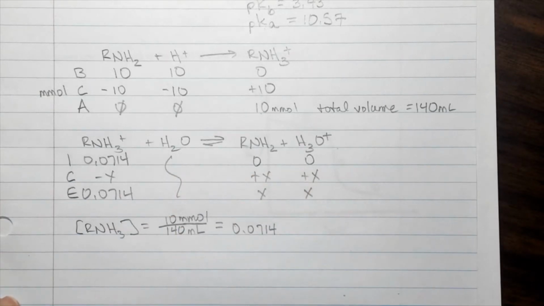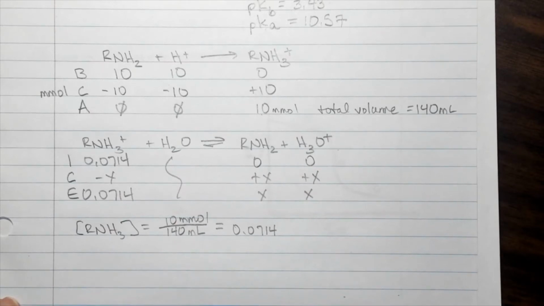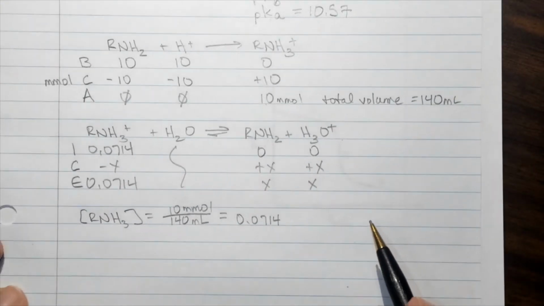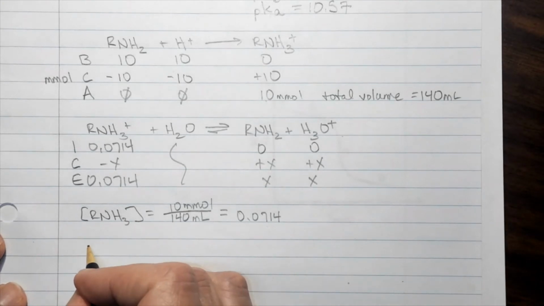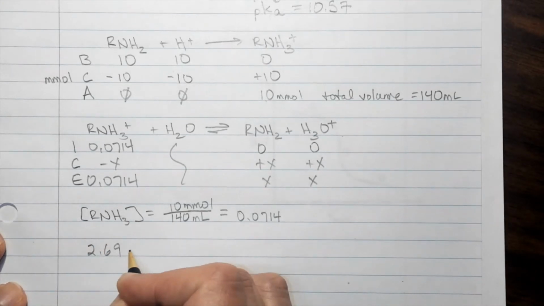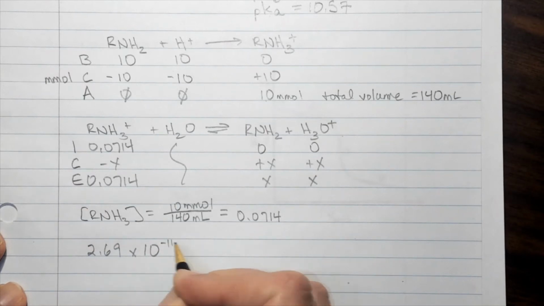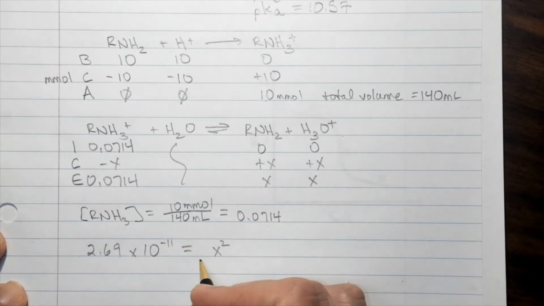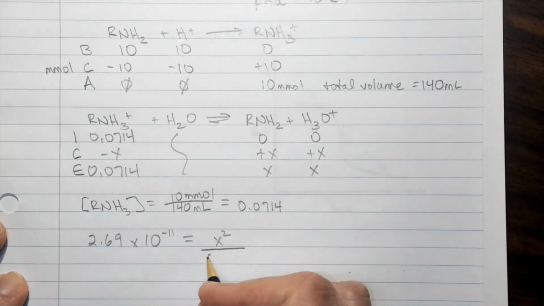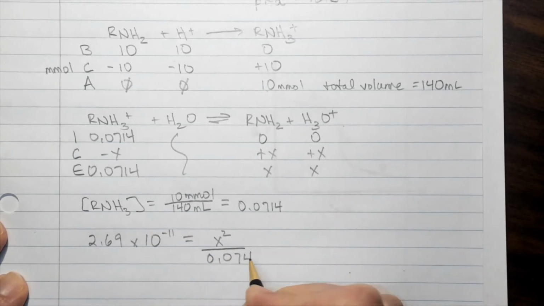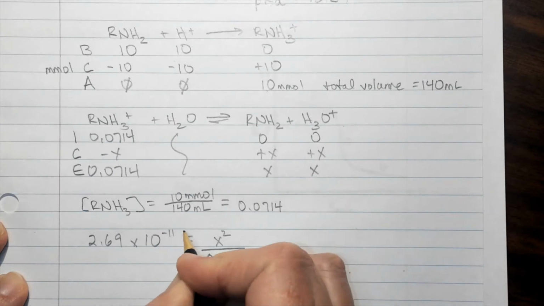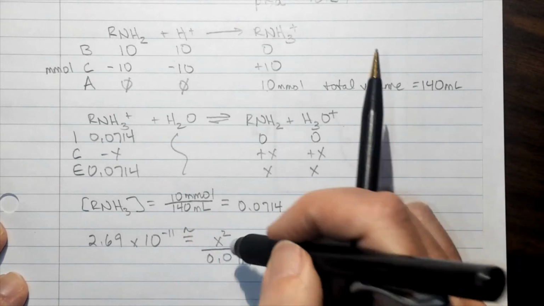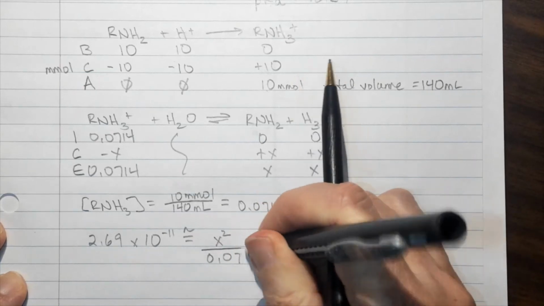Now we're ready to use our value of Ka from right here, so 2.69 times 10 to the negative 11th is going to be equal to x squared over 0.0714. Let me erase the approximation so it's clear in the notes.